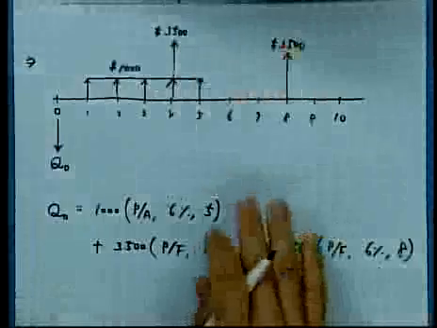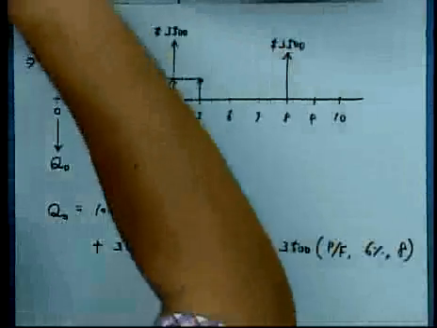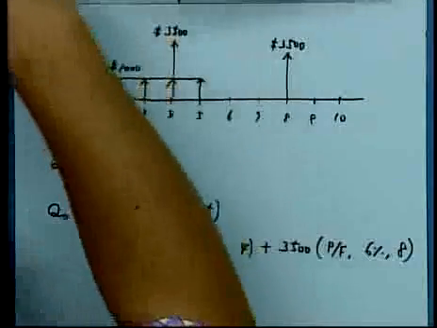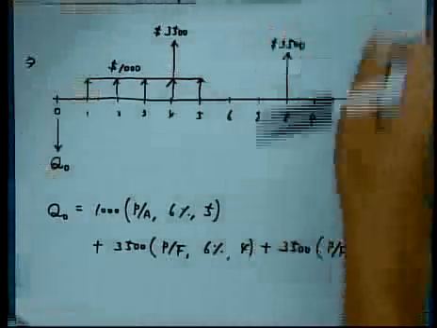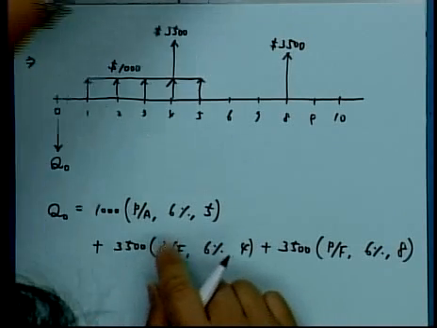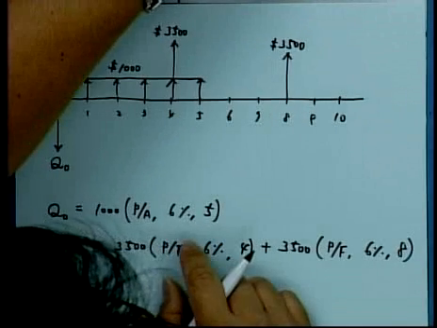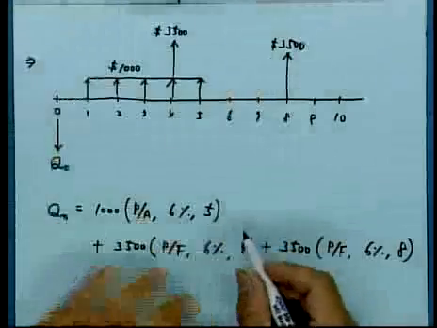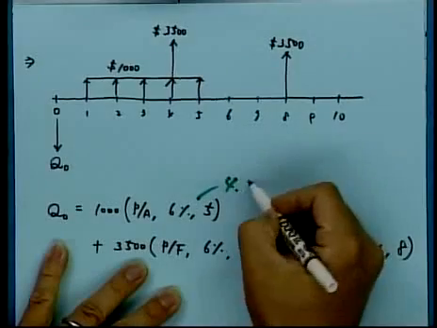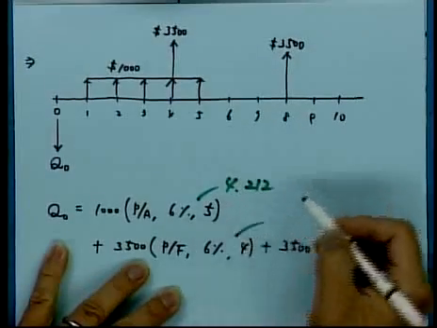So let's get these table values. So we are looking at 6% interest rate. So P given A over 5 periods is 4.212. This is the 4.212. What about this?